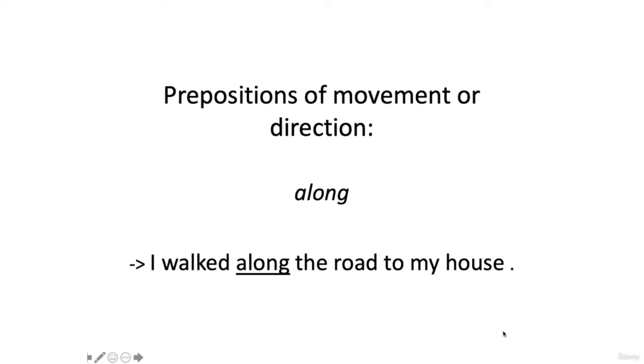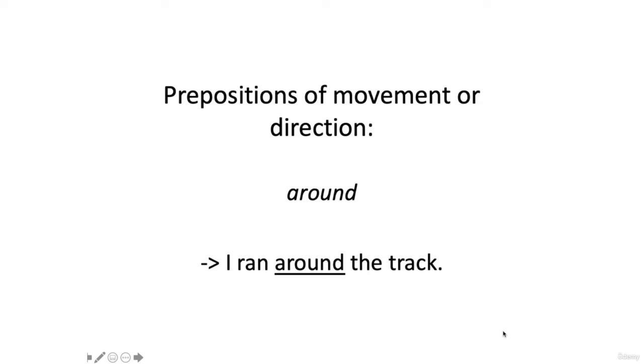Along. Along is a movement in a straight line or on an edge. I walked along the road to my house. Around. Around is used for a movement in a circular direction.